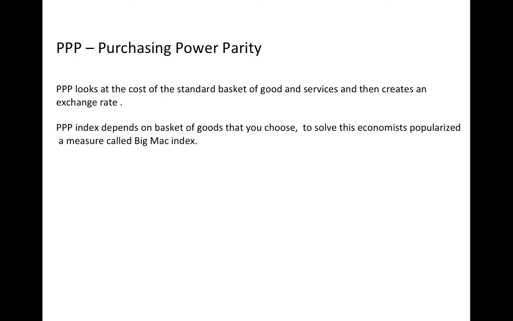Let's say the price of the basket is 120 rupees in the Indian market, and the same goods with the same quantity and quality cost, let's say, $3 in the US. That means $3 costs 120 rupees, so 40 rupees per dollar. So the exchange rate is 40 instead of the 66 rupees in the international market.